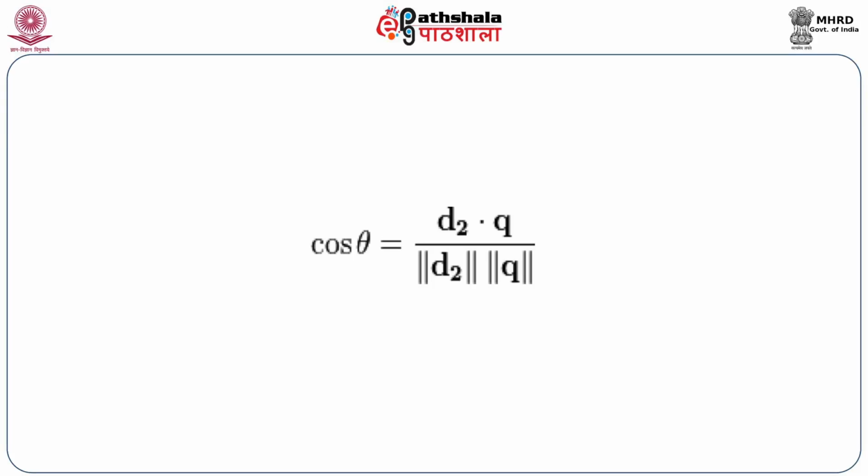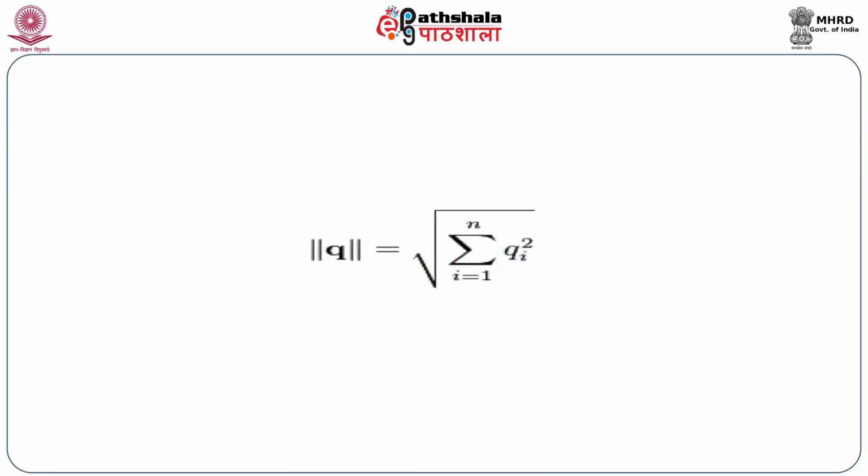The mod value of dj is also called the norm of the vector dj, and the norm of the vector q can be calculated as the square root of the summation of q squared from i to n.